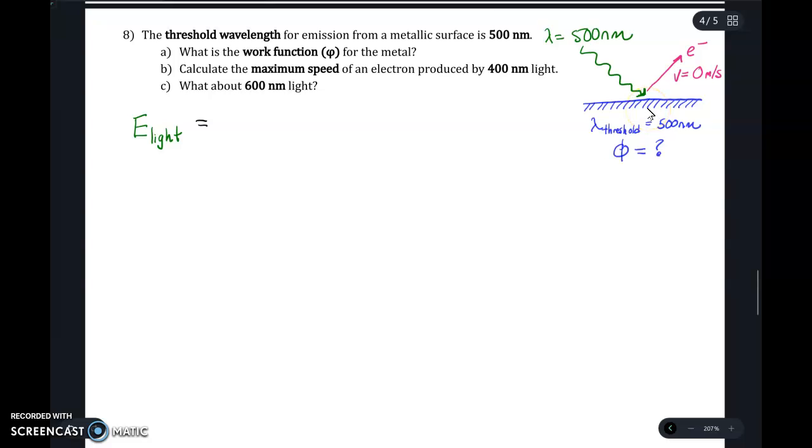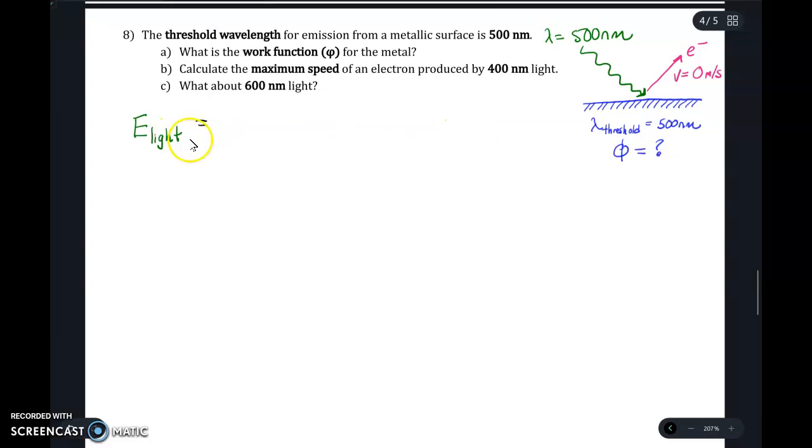And then that electron uses that energy for two separate things. It uses it to eject from the atom, which is the energy that's represented by the work function or the binding energy. And if there's any energy left over, then that's where the kinetic energy of the electron comes into play, and that's where the velocity comes into play.